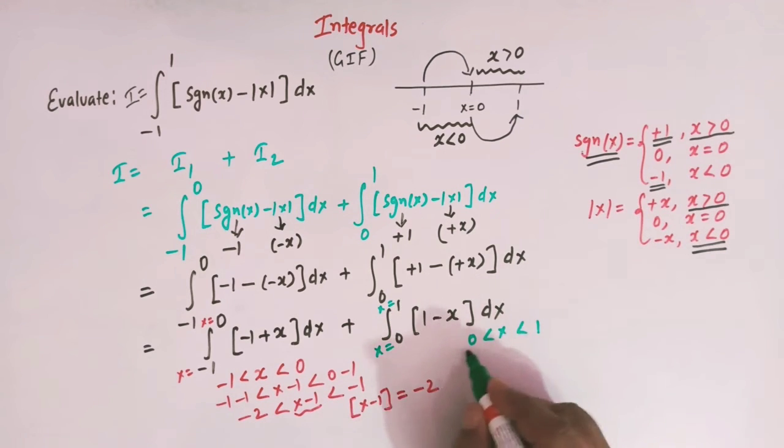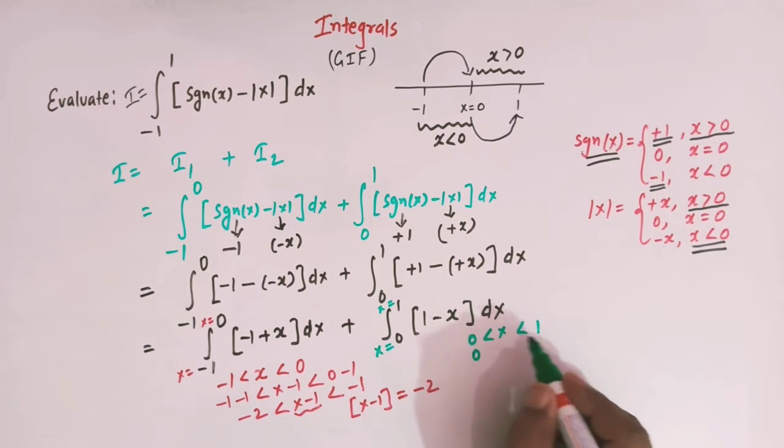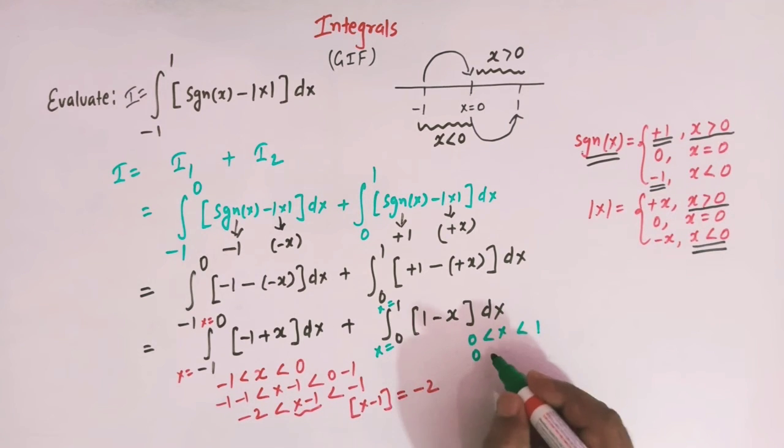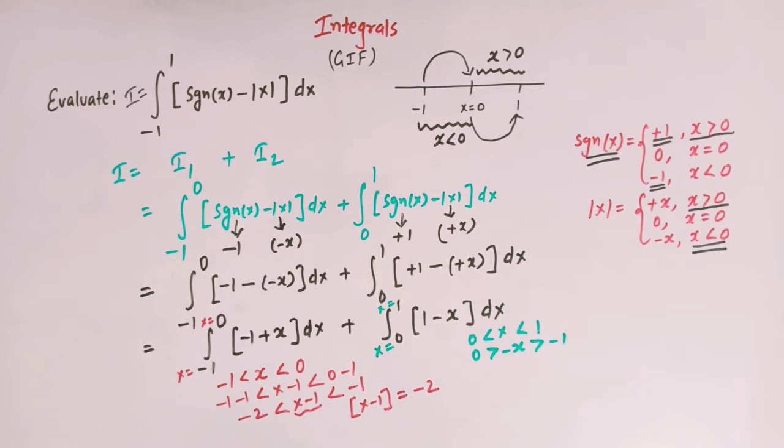So we'll multiply this inequality throughout by -1. The direction of the inequalities will get reversed. So here we have -x, and here we have -1, right? So this can also be written as -1 less than -x less than 0.